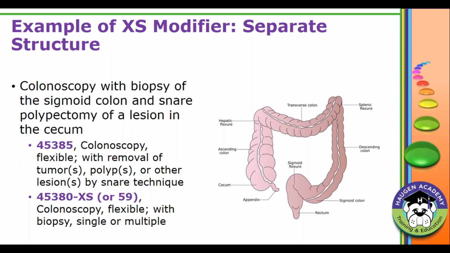An example of the XS modifier, separate structure, a great example: colonoscopy with biopsy of the sigmoid and snare polypectomy in the cecum. The biopsy is a component of the polypectomy and will generate a CCI edit. So we're going to add the XS modifier onto the biopsy.